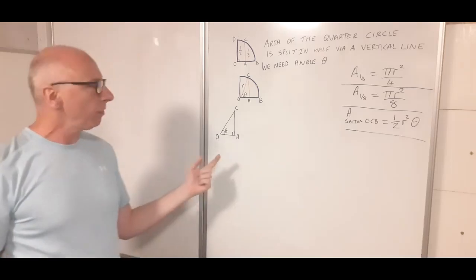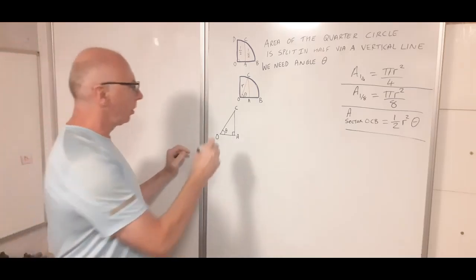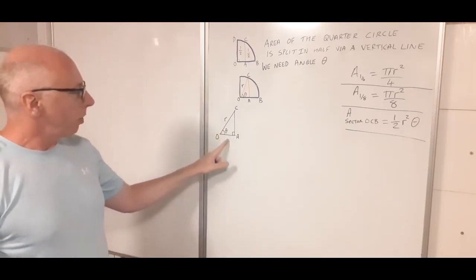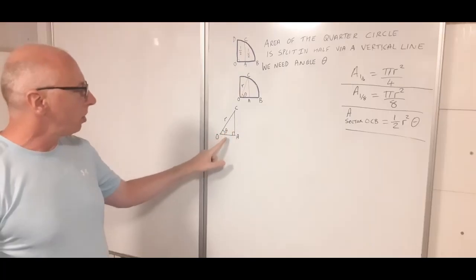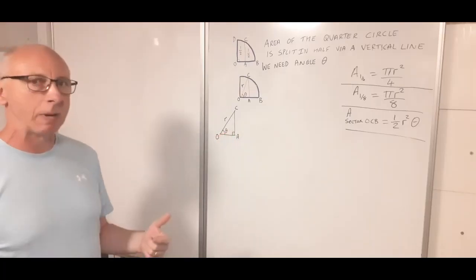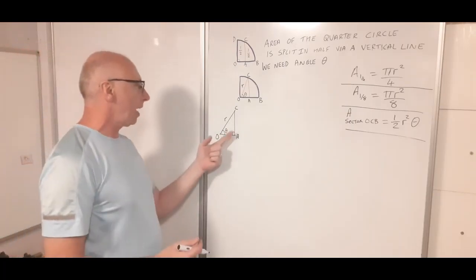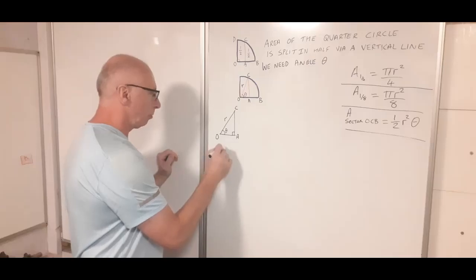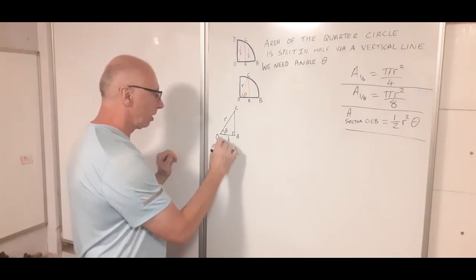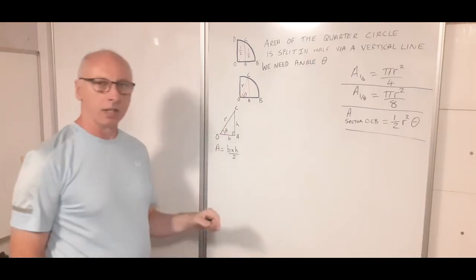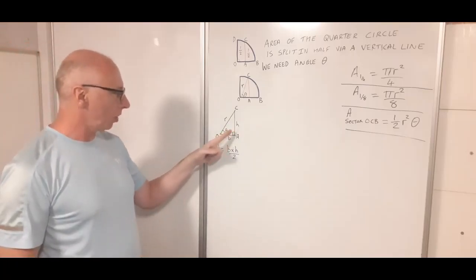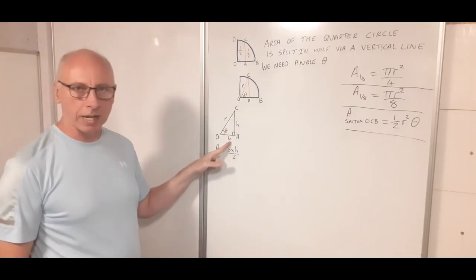I don't know a lot other than this is a radius and angle theta, so I can find the area in terms of theta without having any quantities, and then perhaps use some algebra. The area of a right angle triangle is base times height over 2. I'll call that the base and that the height, and then we use this radius.